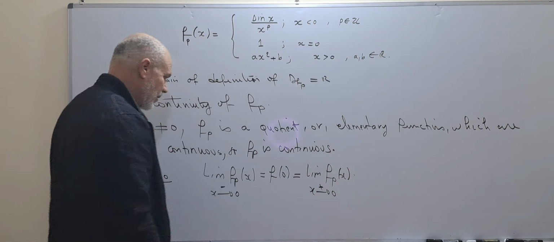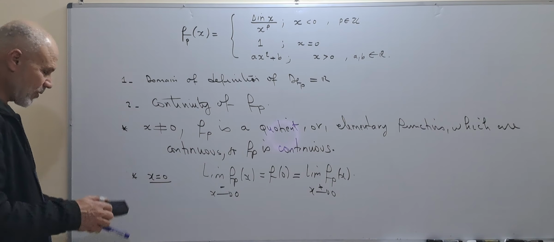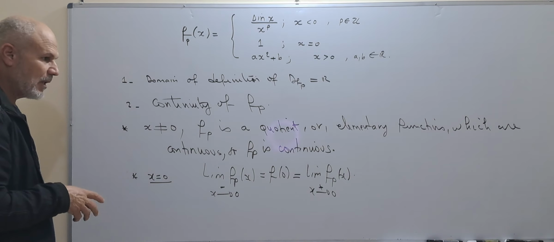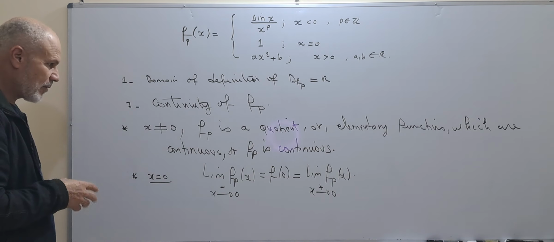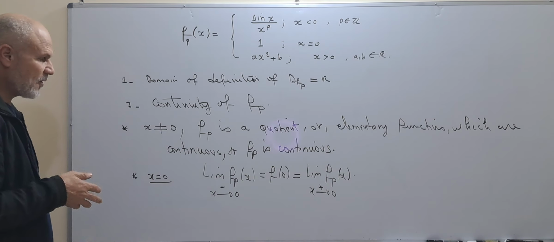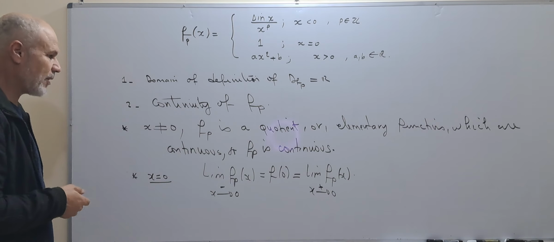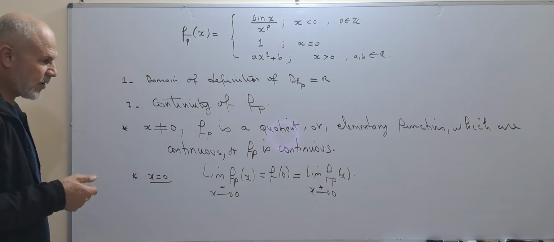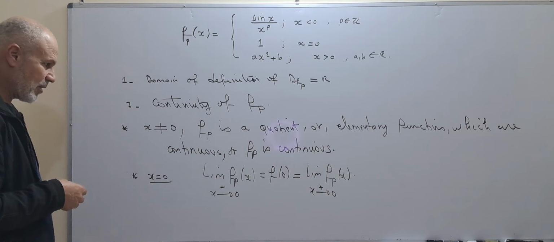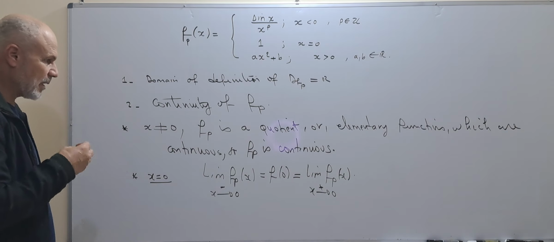Let me remind you that we cannot study the continuity of a function if it is not defined at this point. Unlike limits of functions, where it is sufficient that the point be an endpoint or a limit point, and then we can try to find the limit if it exists or not, for the continuity and the differentiability, by the way, the function must be defined at the given point.